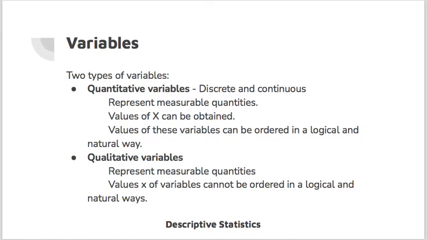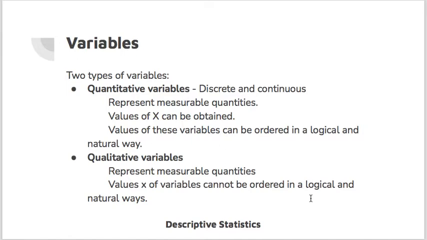The performance of any individual: good, excellent, bad, worst. These are all qualitative variables. The difference is that there is no logical or natural way of ordering the qualitative variables.